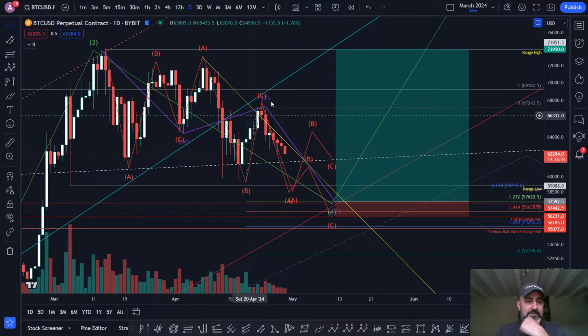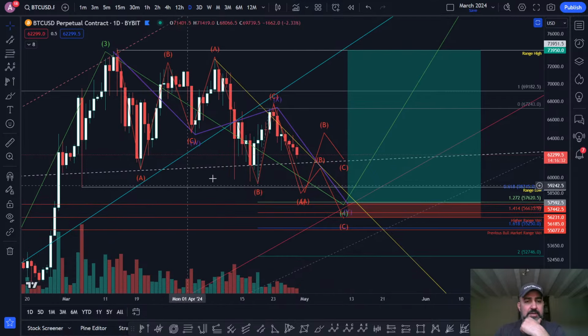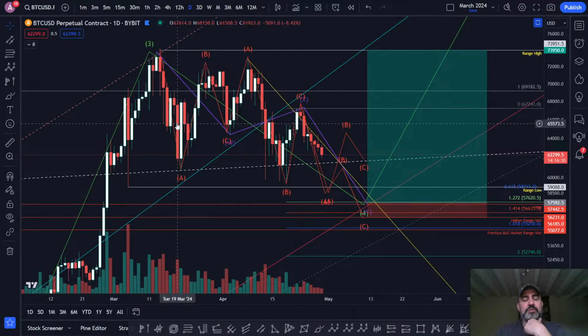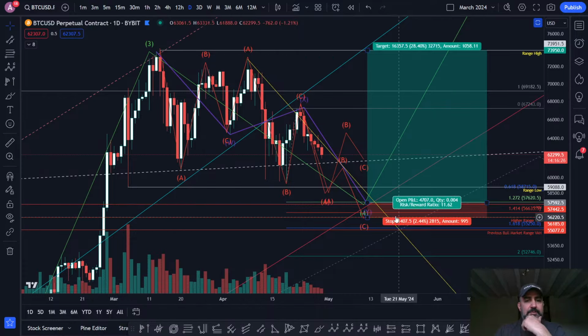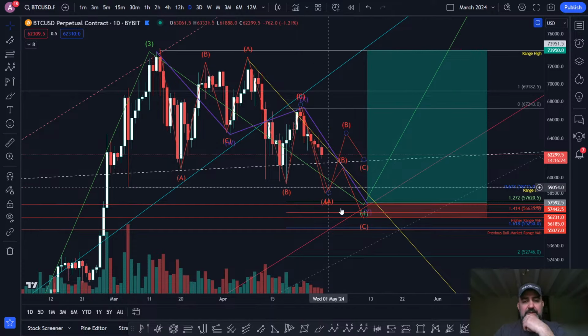Okay, so that's kind of what I'm thinking right now, just based on the structure and also based on the waves, because we are looking at some kind of WXY, ABC, ABC, ABC.